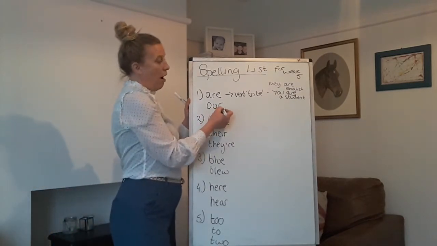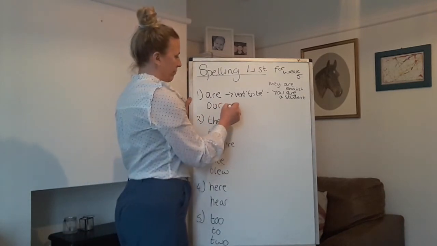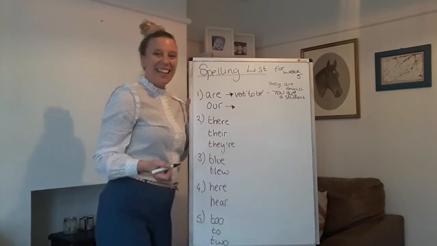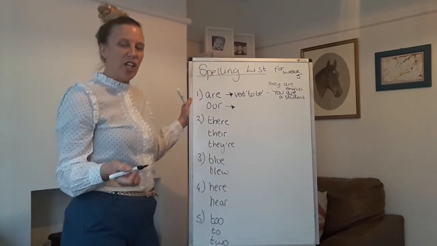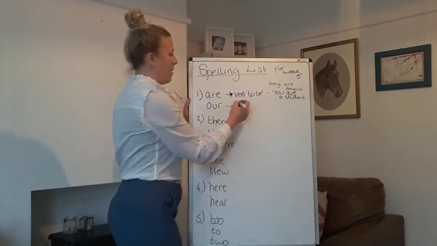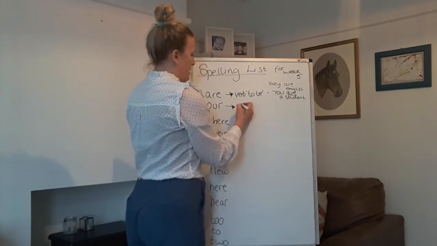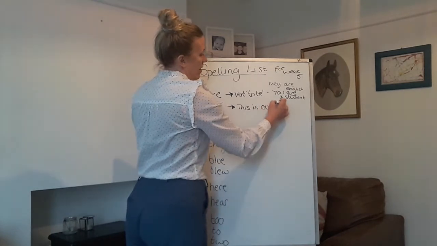Then we've got our, as in O-U-R. Now this is a possessive adjective, okay? It's about possession, belonging. So for plural, this is our house.